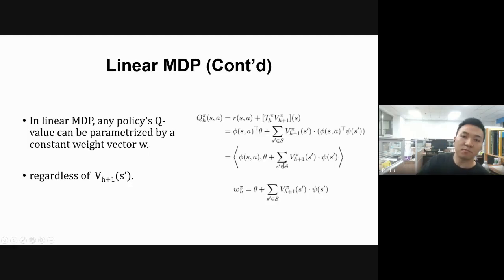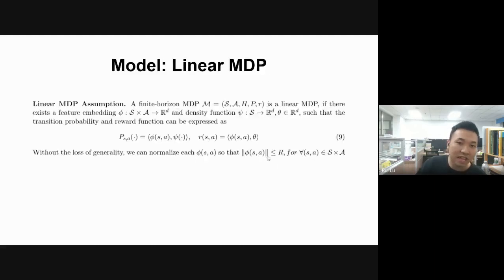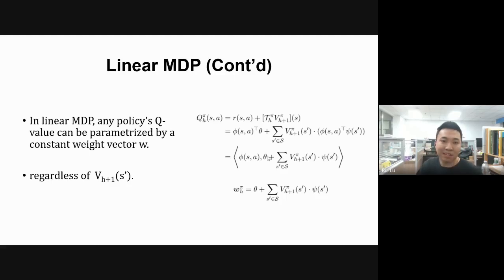Another important property of linear MDP is that since the transition dynamics and the reward are all linear in this phi SA, any policy's Q value can be parameterized by a constant weight vector W. This can be verified through the formula on the right. You just write out the definition of the Q value. The first part is the reward, and then it's the Bellman operator for the value of the next state.